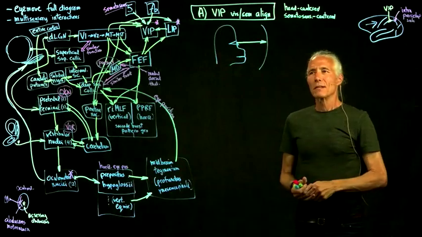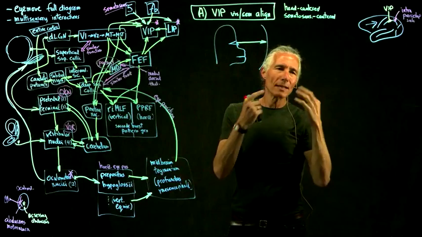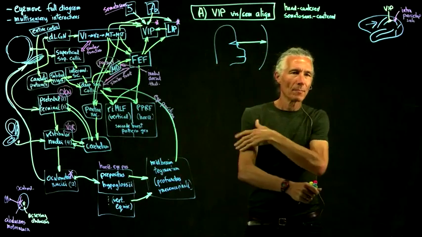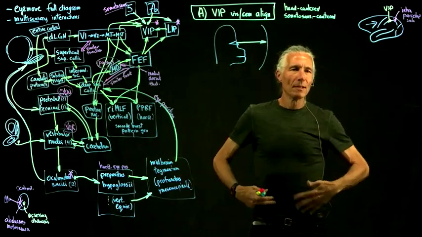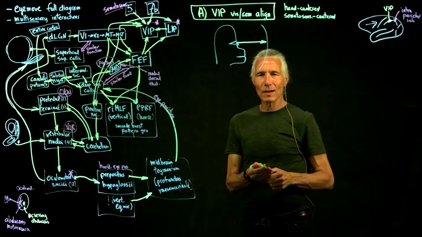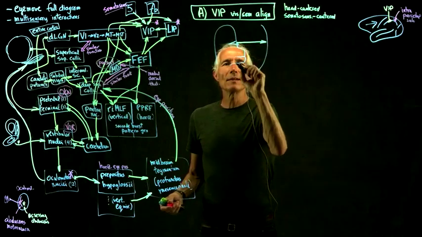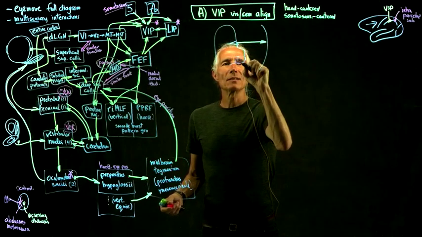If we record from that area, we find it has visual input and face input, or upper body input, like shoulder or stomach input. So you'll find two different receptive fields. Say you find a receptive field on the chin of the animal.